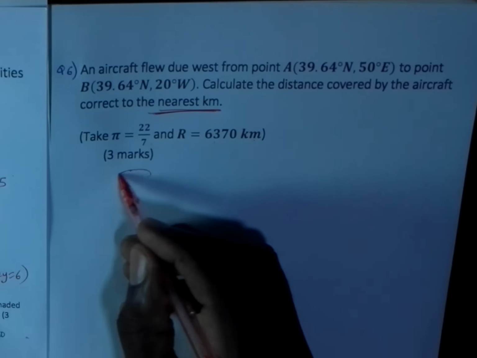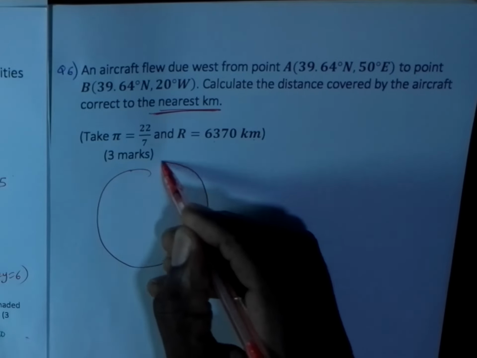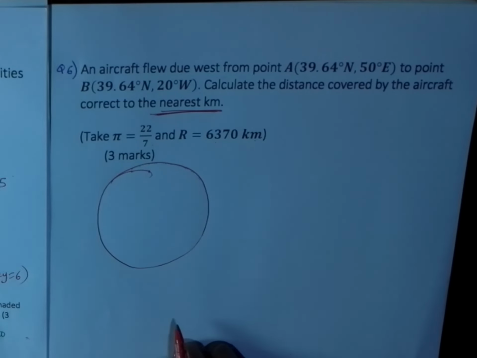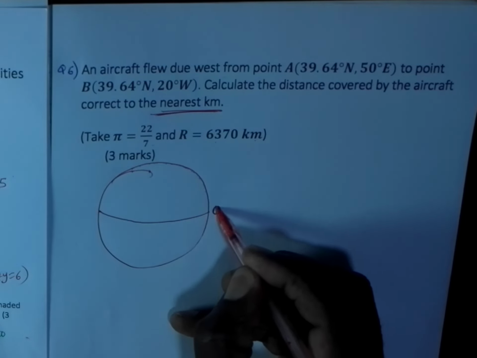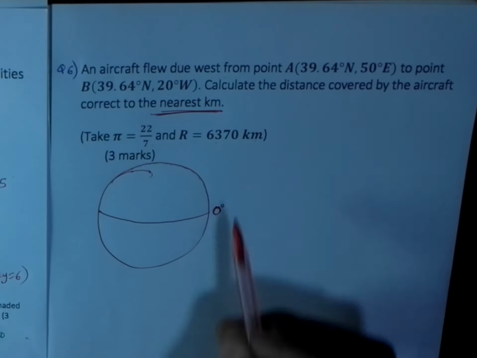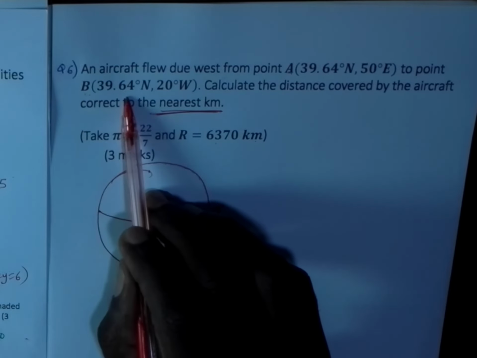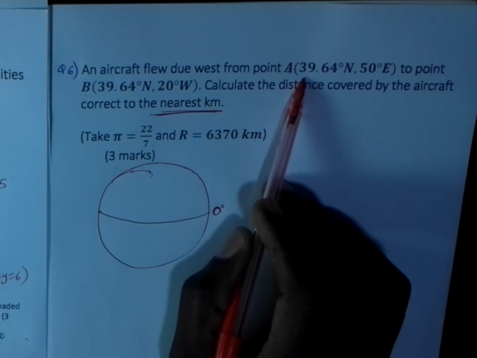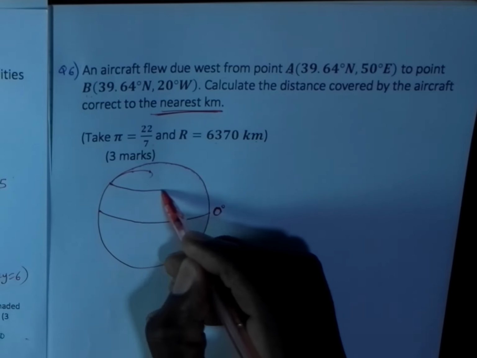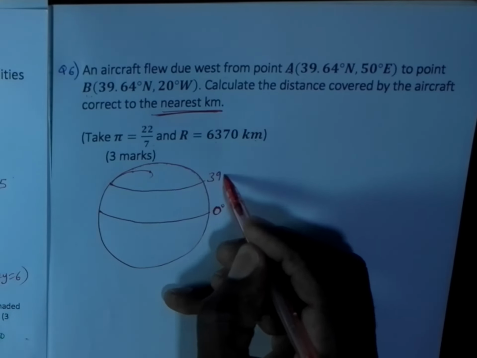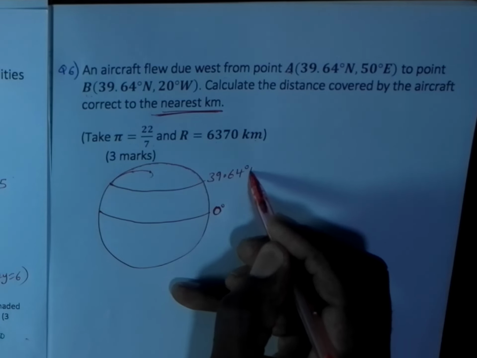So allow me to make a sketch. Globe. We have the equator, 0 degrees. Points A and B are on latitude towards the north, at the same latitude, which is 39.64 degrees north.